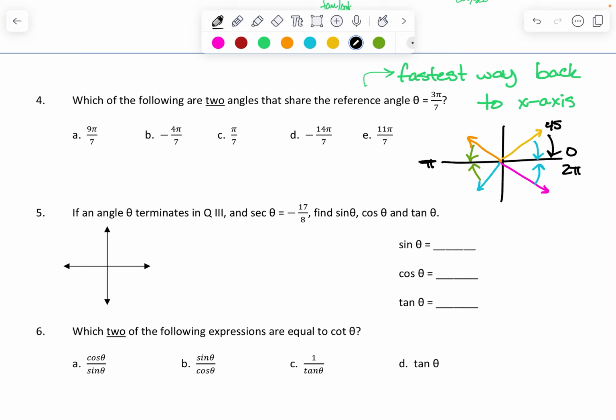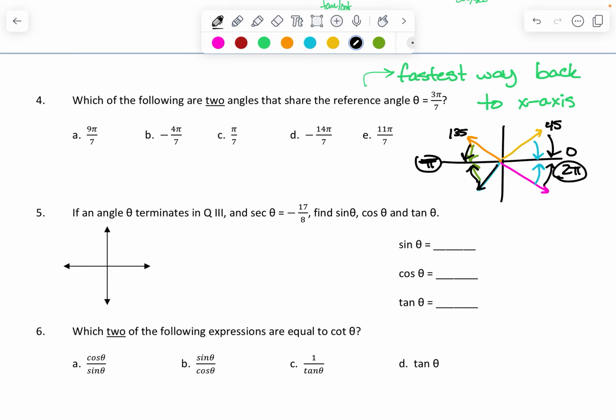But this one isn't quite 360, so it's going to bring you to 2 pi or 360. This one's not quite 180, so it's going to get you the rest of the way there. This one's not quite 360, it's closer to 180, so it's going to bring you back to 180 or to pi.